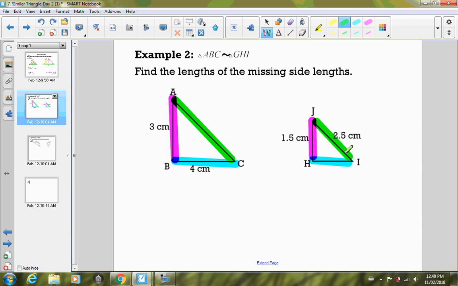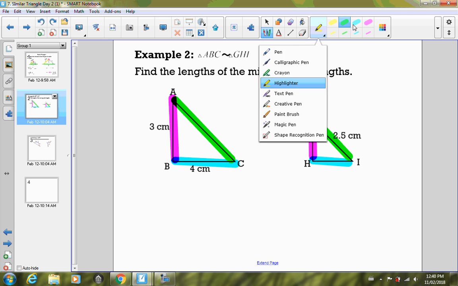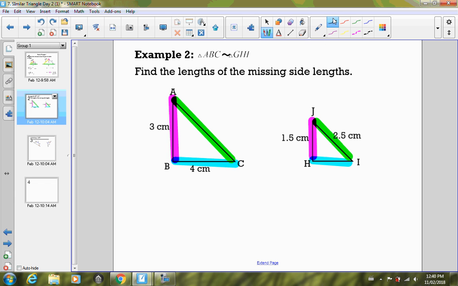Now you need to state a rule right away, so I'm also going to write up here: this is my big triangle, this is my small triangle. Now, you get to decide how you want to set up your ratios.